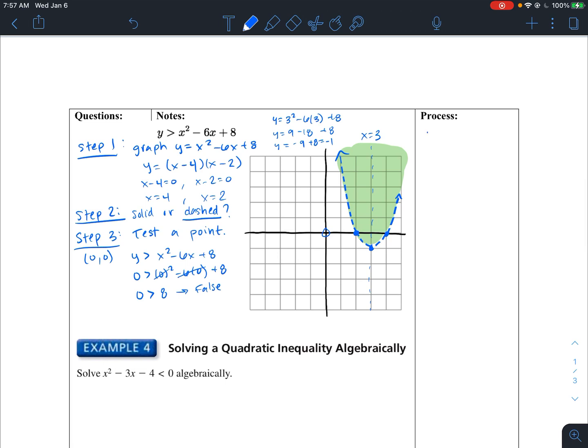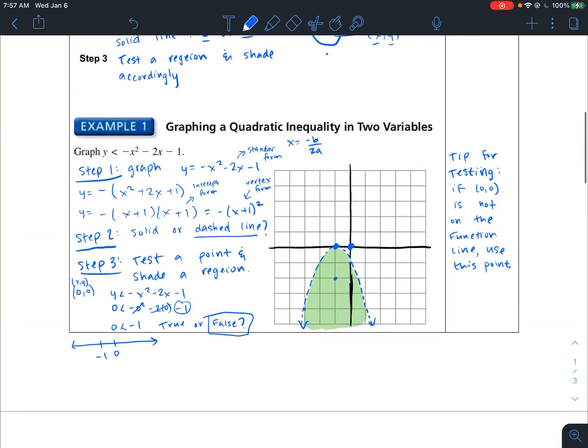So, if less than or equal to, you can shade below the function, below the quadratic. So like up here, this function right here is facing downward.